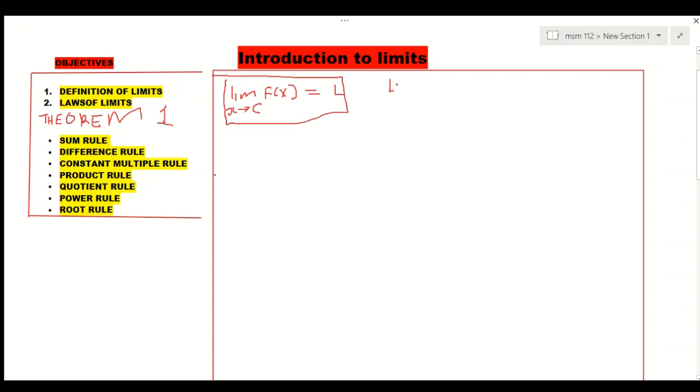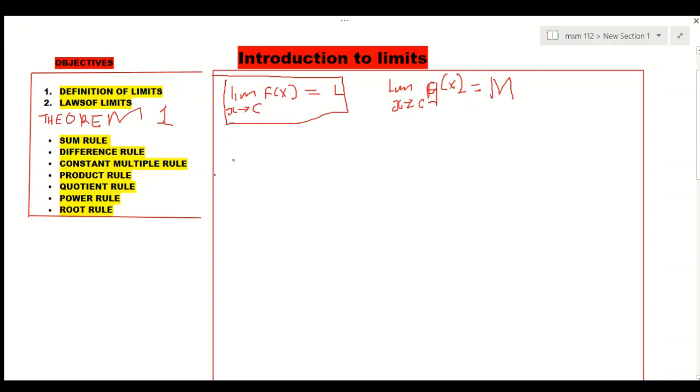Limit 2, we've got the limit as x approaches some constant number of g of x, because this is another limit. G of x is equal to M. These are just examples. Don't be confused by the letters. They're just there to make you understand.